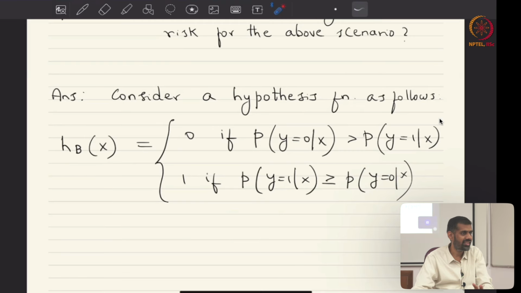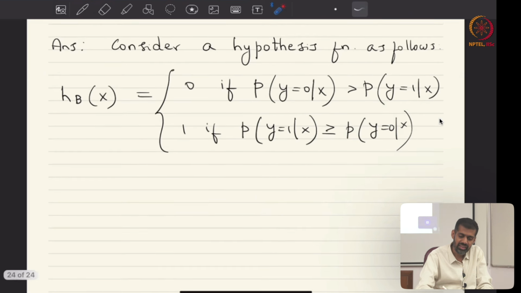Seems like a rational thing to do, right? By the way, we are assuming that we have access to all distributions that we need and a way to compute this. So if I have access to compute this, I can define a classifier this way where I decide based on the class posteriors. Is that okay?